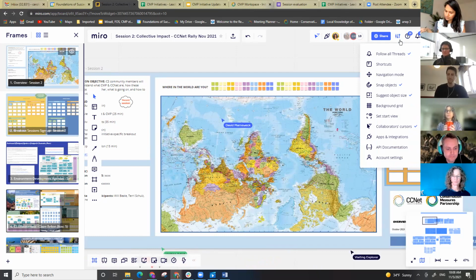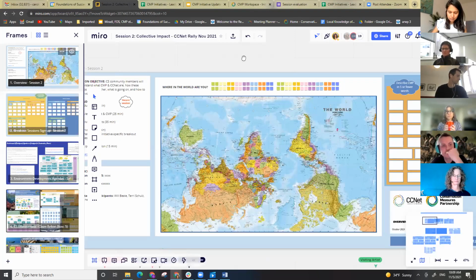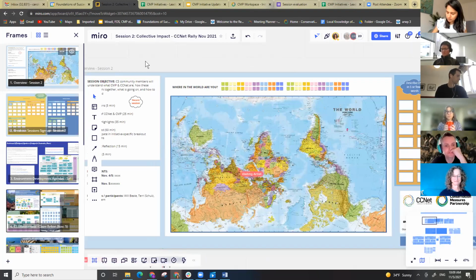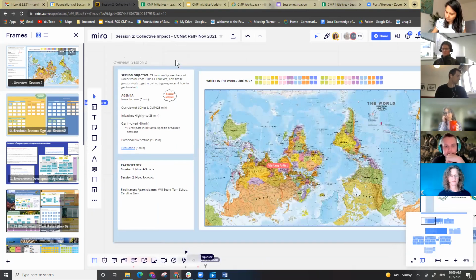And if you go there and you hit navigation mode, you will be able to choose whether you're using a mouse, trackpad, or touch screen to navigate, so that Miro recognizes that. Most things are locked down except where we're asking you to interface.